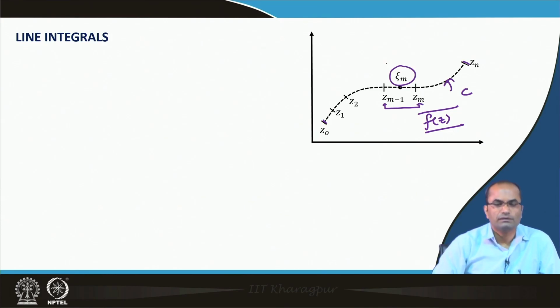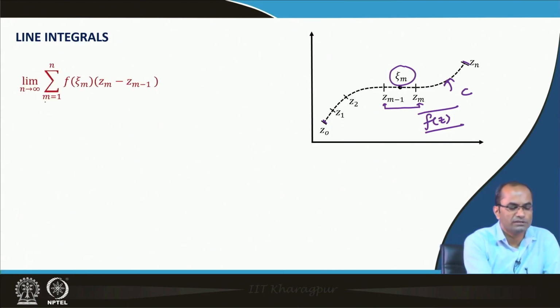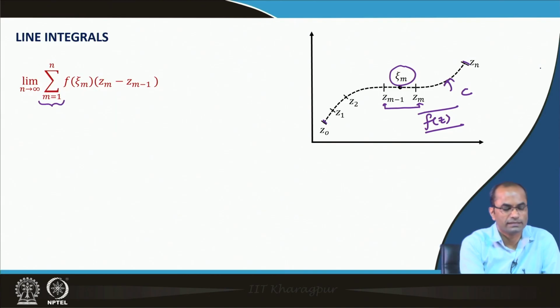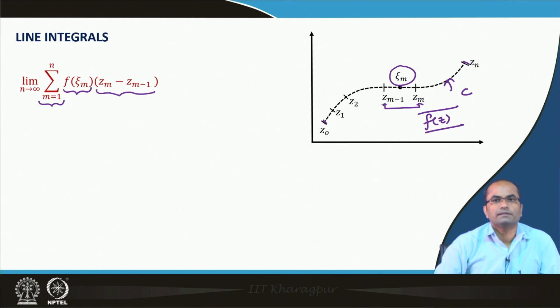How this integral is defined, and what is the physical meaning, will be clear now. This is a summation over all these small sectors, m goes from 1 to n, let us say these are the n sectors, of f, the value of the function evaluated at this xi_m, times the difference z_m minus z_{m-1}.